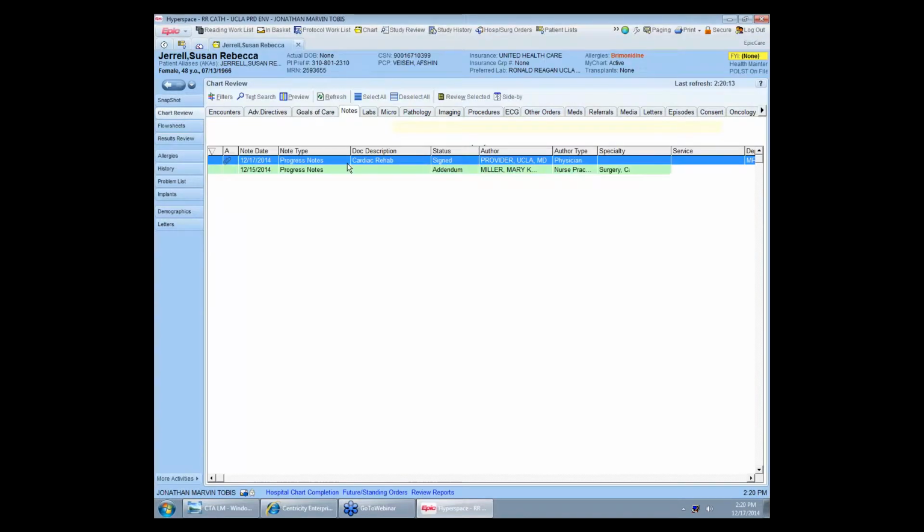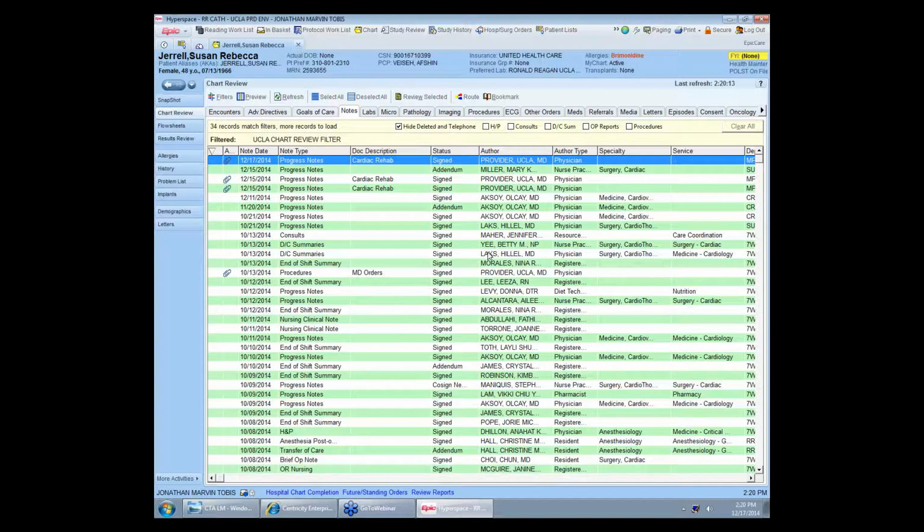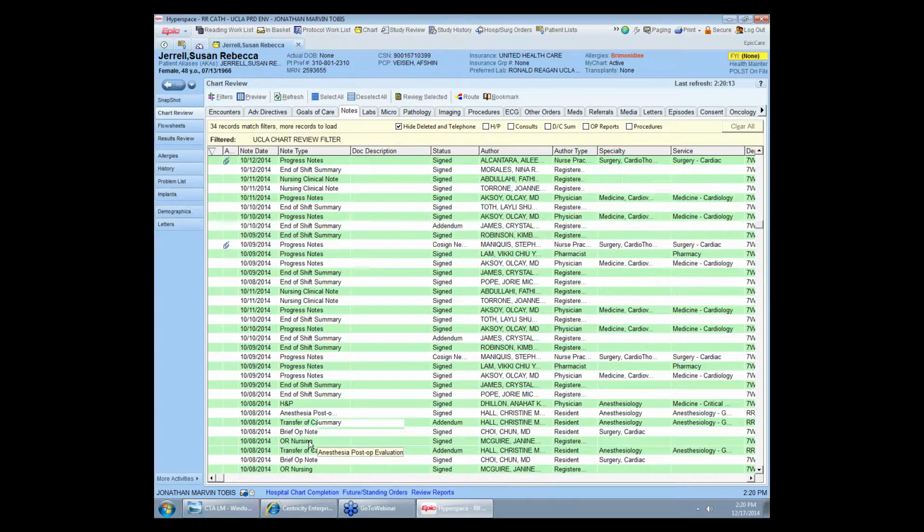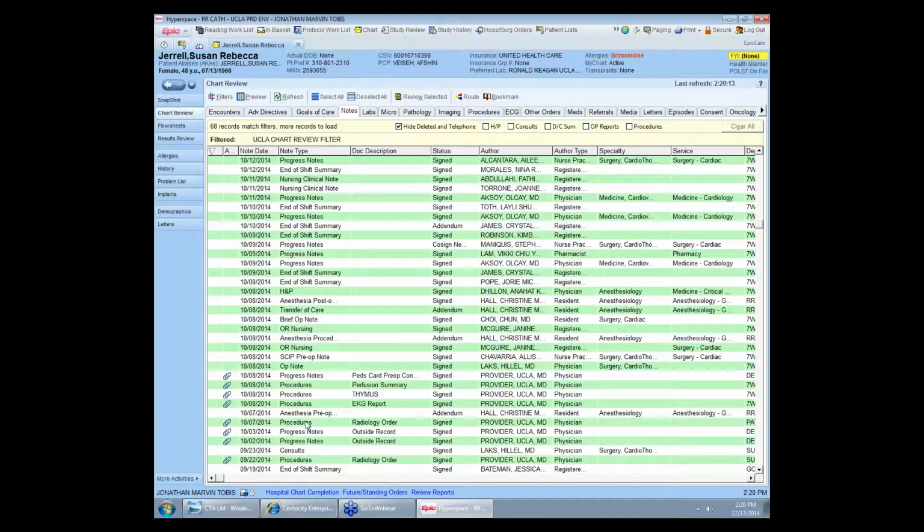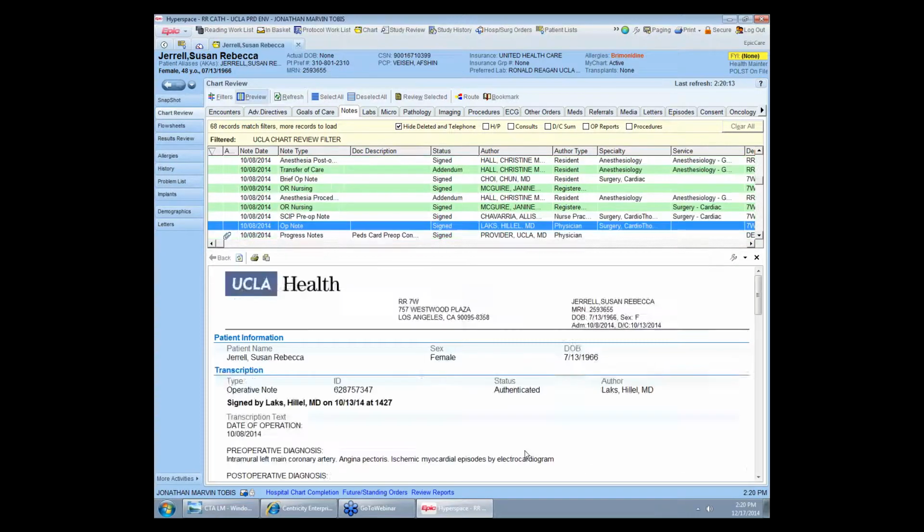Lock. We know if the patient had chest pain, the intravascular probe was inside the left main. Okay, here's the operative report.